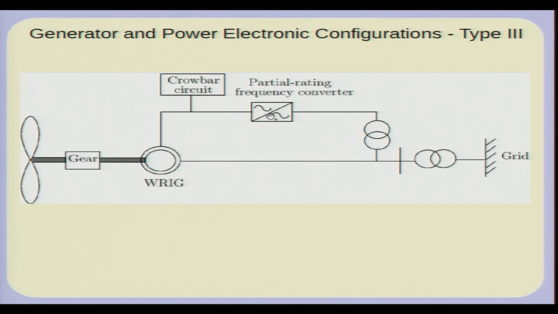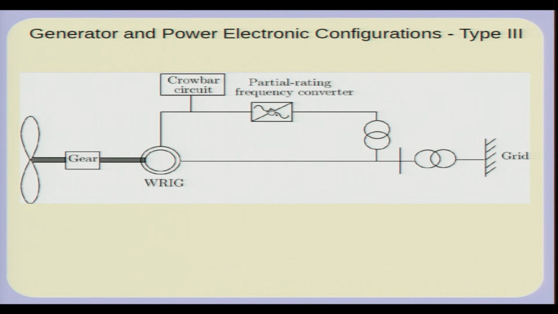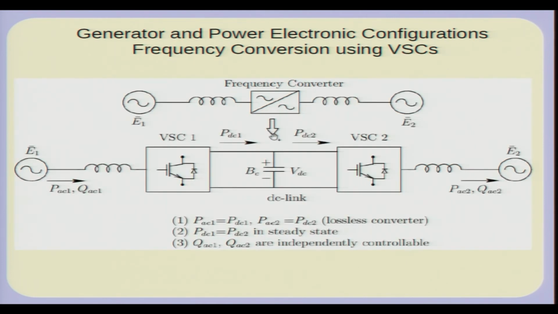What is this partial rating frequency converter? It is nothing but a back to back connected set of voltage source converters. This box here is nothing but this. It is a back to back connection, with voltage sources on both sides.